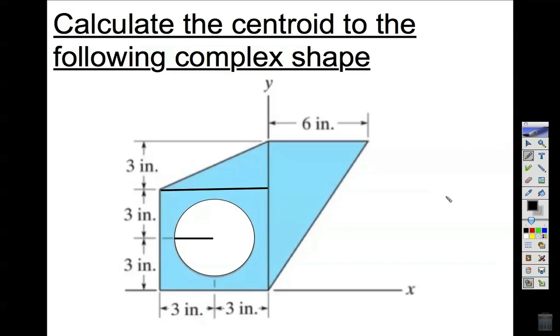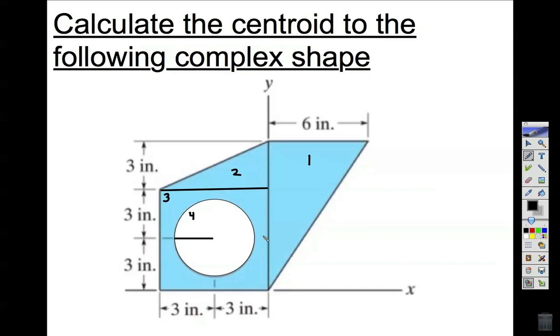That way I have this right triangle as my first shape, this second right triangle as my second simple shape. I'm going to use the square as my third simple shape, and then I'm going to take 4 of this hole that is made up of this circle.